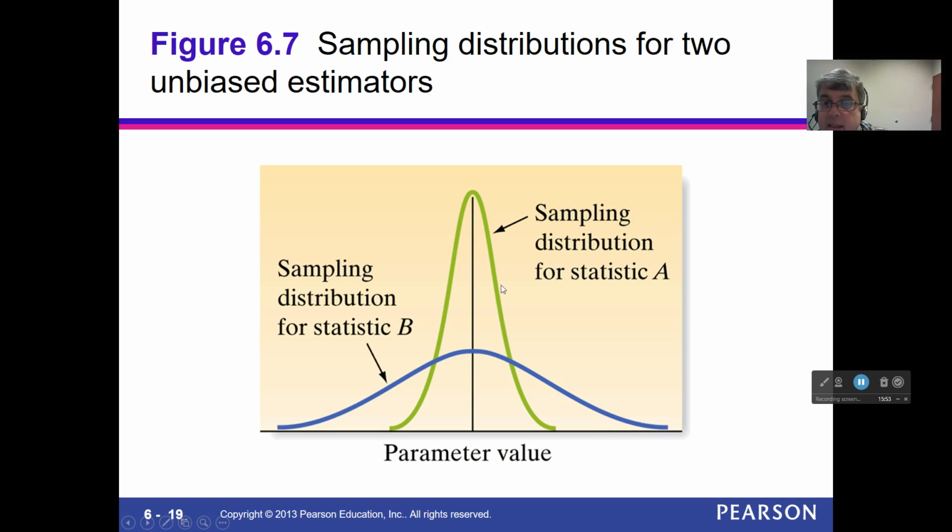That makes them less efficient than A here. So we would want to use the sample statistic A to estimate this parameter rather than B, because it's more tightly compacted around the actual population parameter.